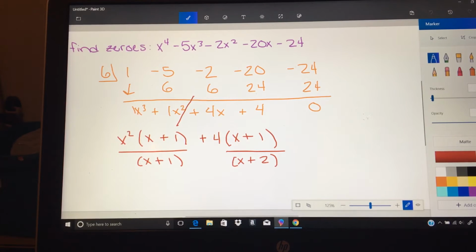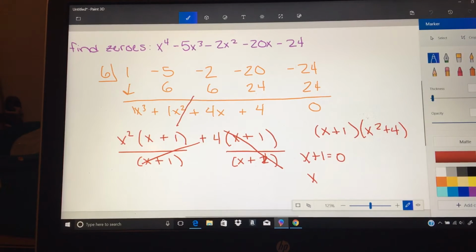So my 2 factors are x plus 1 and x squared plus 4. So we'll set those both equal to 0 and we'll solve the function. So we have here x plus 1 equals 0.